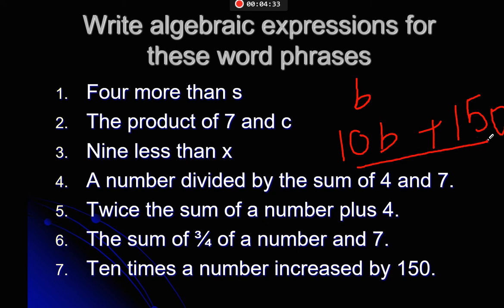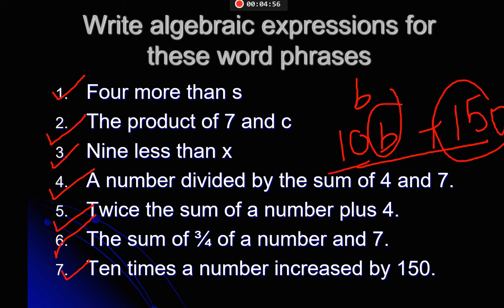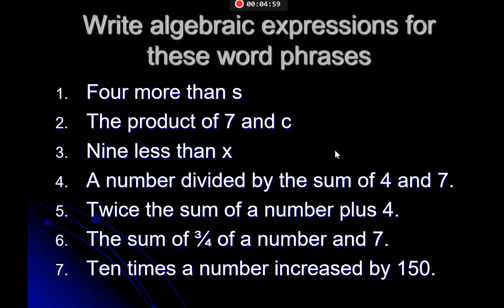That is the way we write the algebraic expression. Now we are done with the 7 statements, and I have explained how to write every expression with the help of variables, coefficients, and constants. Now let us move to our next slide.